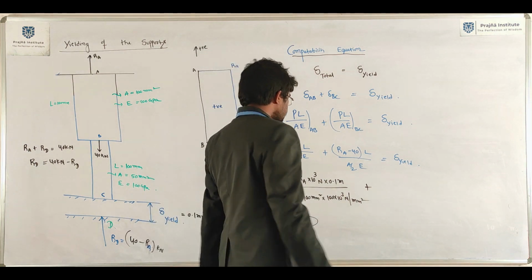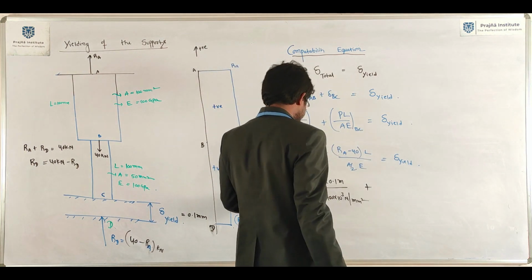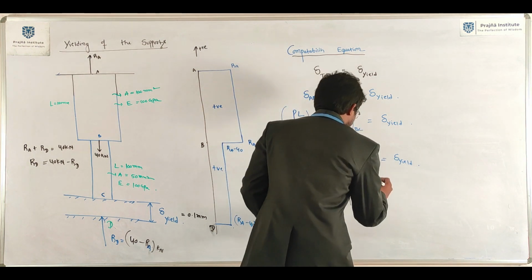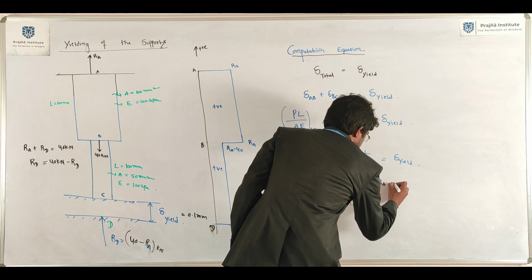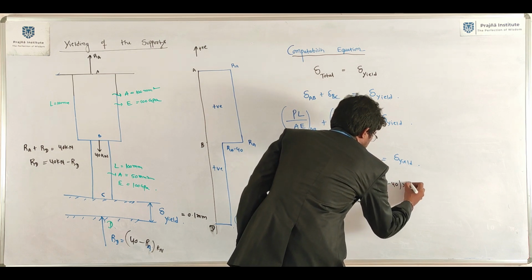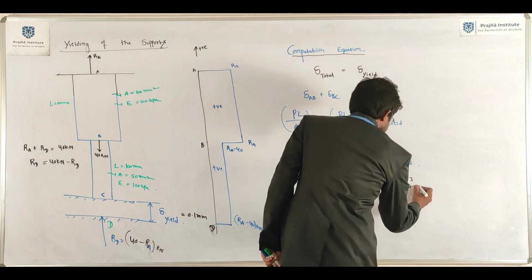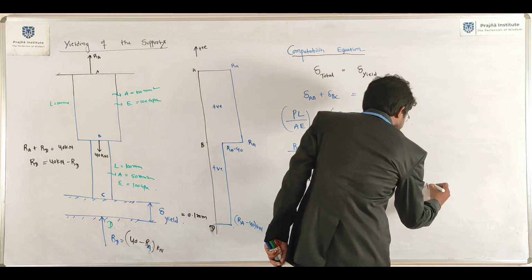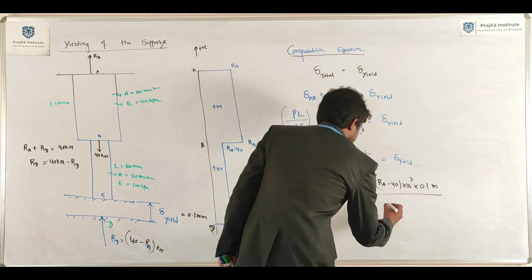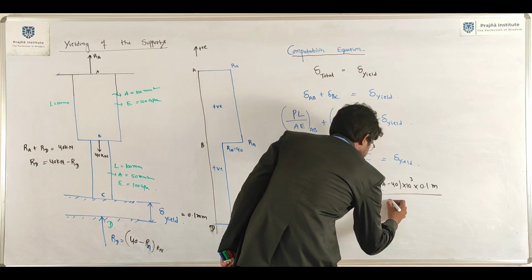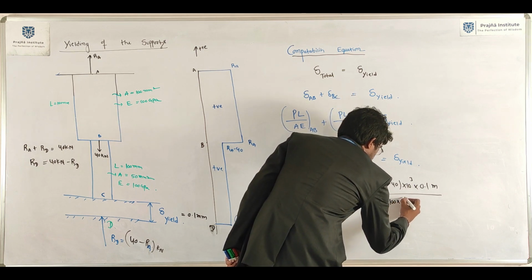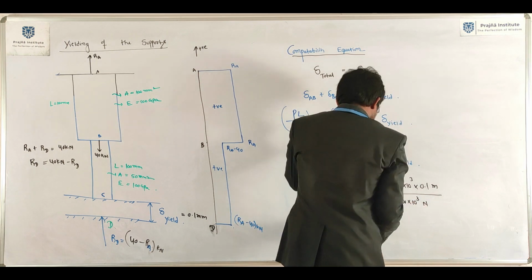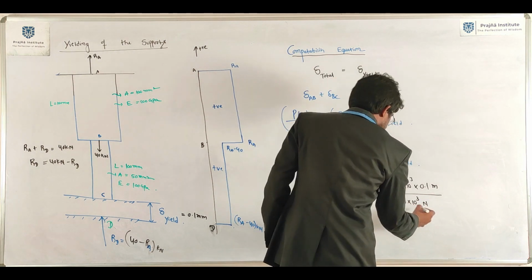This is RA minus 40 into 10 cube into 0.1 meter by 200 into 10 cube Newton per mm square.